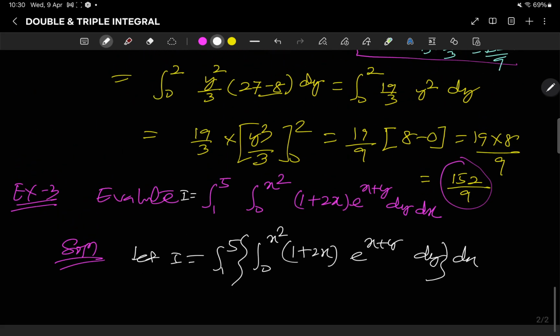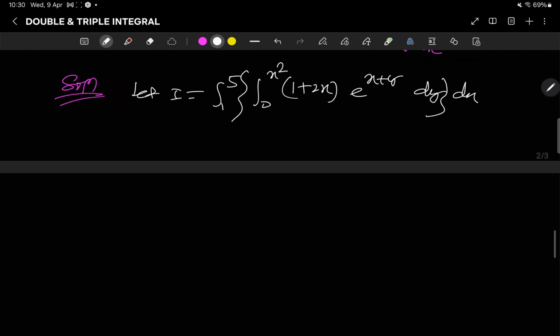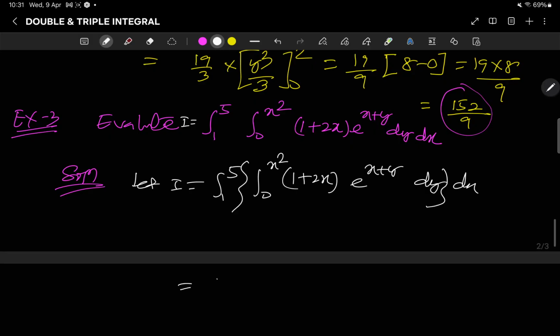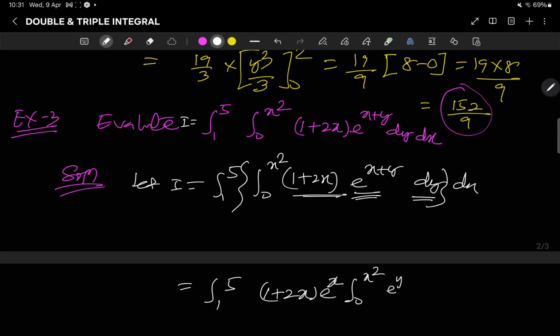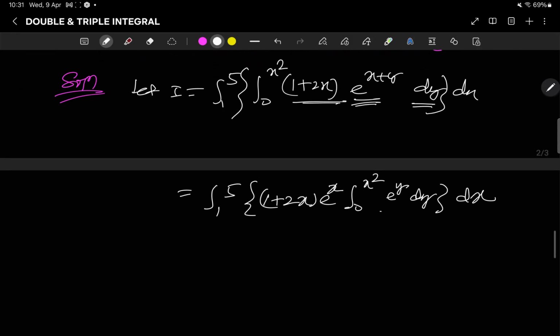I can write this as integral 1 to 5, with respect to y first, so this is constant: (1 plus 2x) e to the power x, into e to the power y taken out, and it is 0 to x square e to the power y dy, then dx.